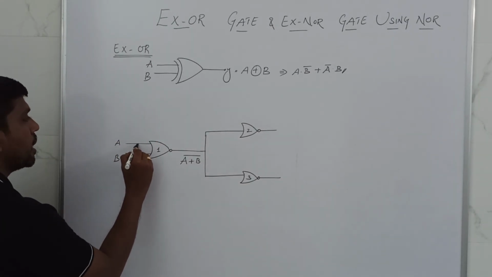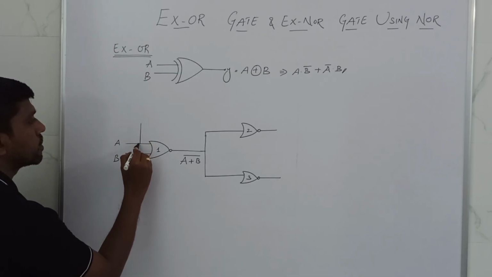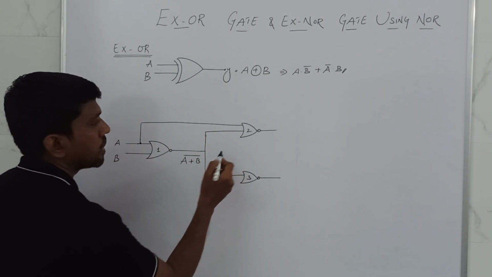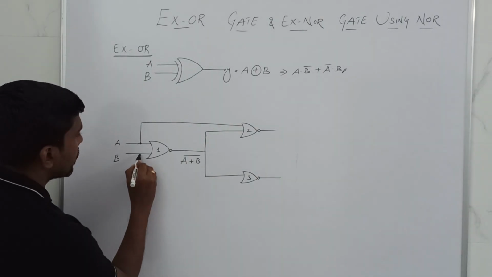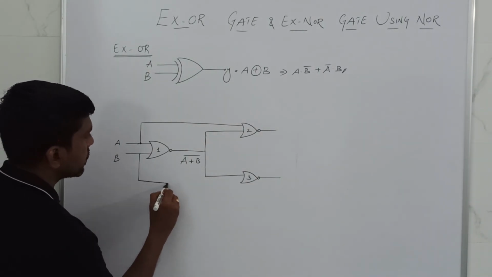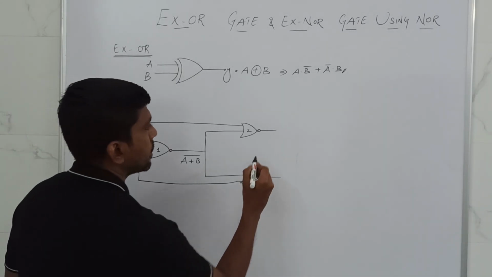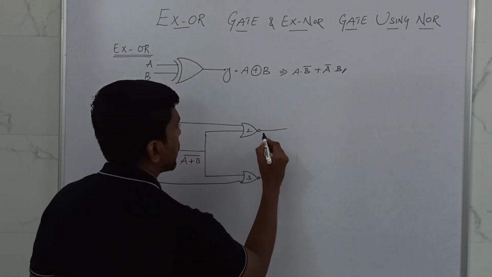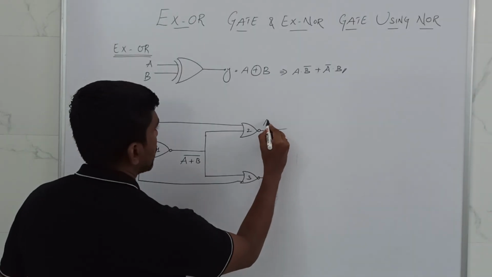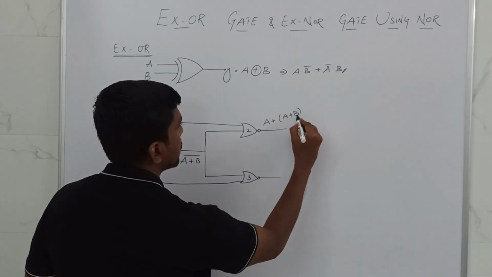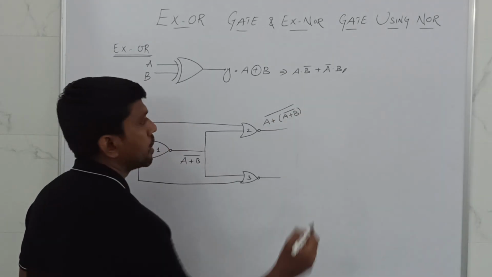So this A input is given to the input of the second NOR gate. B input is connected to the input of the third NOR gate. So here the second NOR gate has inputs A and A plus B the whole bar, and its output is A plus B the whole bar, then whole bar.